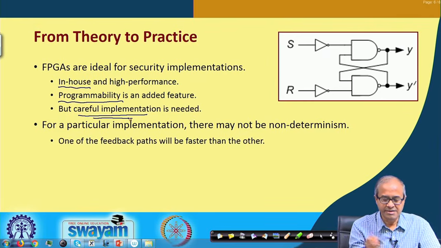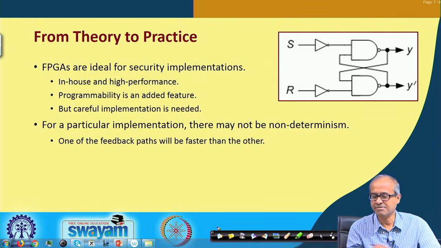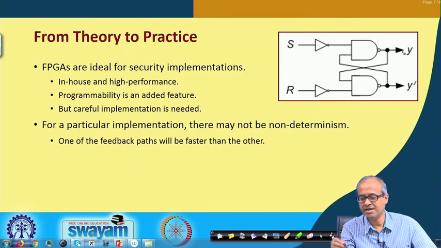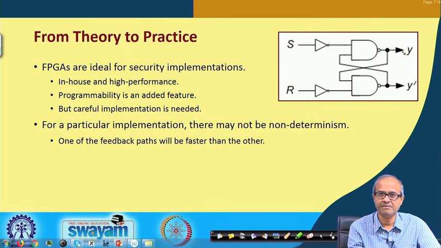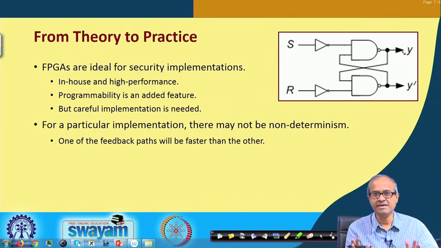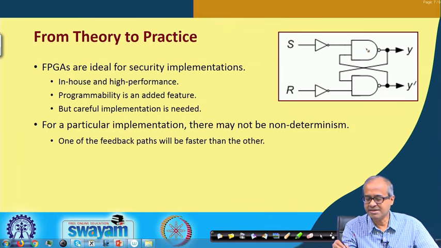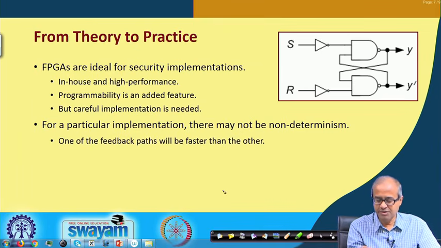Okay. For a particular implementation there may not be any non-determinism. Say you again look at that SR flip flop. Suppose in an FPGA implementation I design it in such a way that these two gates are placed in two different places in the chip.